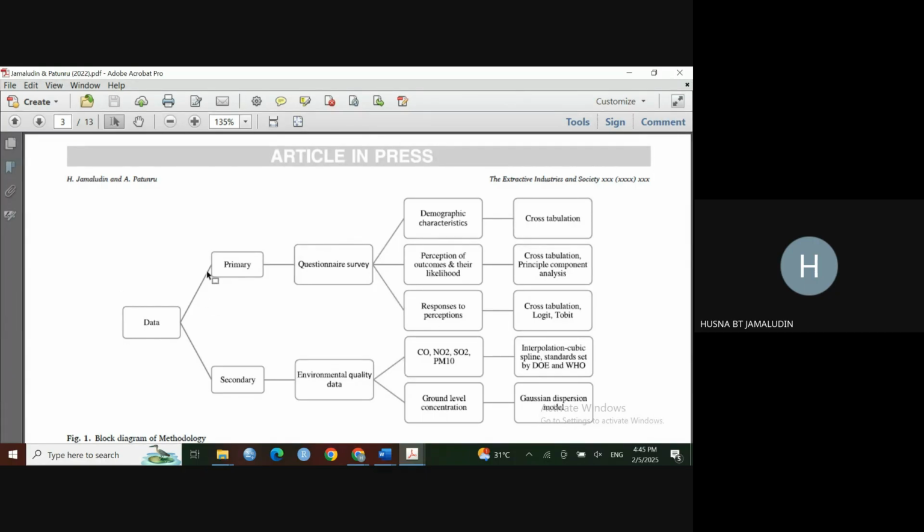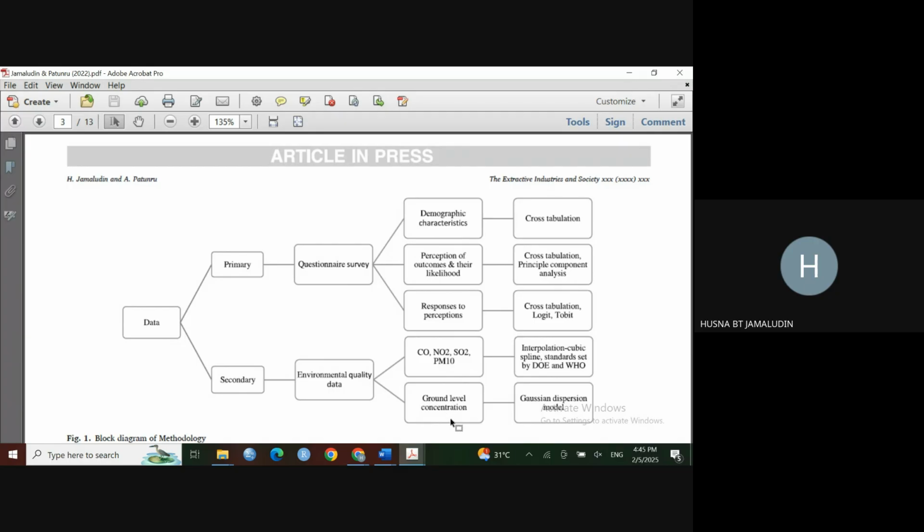You have data, primary, secondary. How do you collect your primary? Using a questionnaire survey. For secondary, you are collecting environmental quality data. For the questionnaire, what will you get? You will get the demographic, perception, and so on. For environmental quality data, you will get air pollution data and then ground level concentration data.